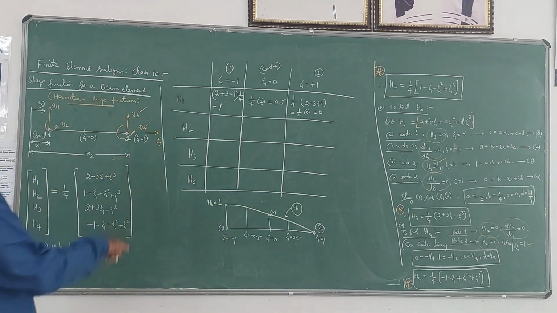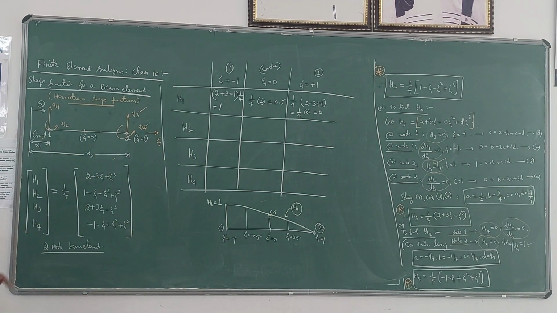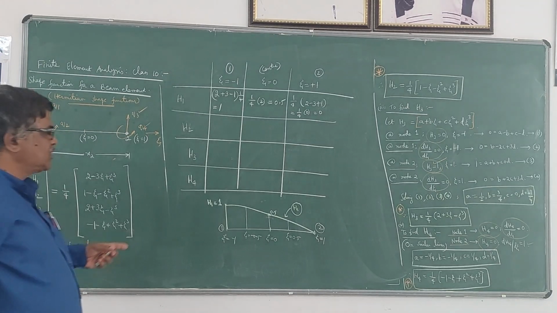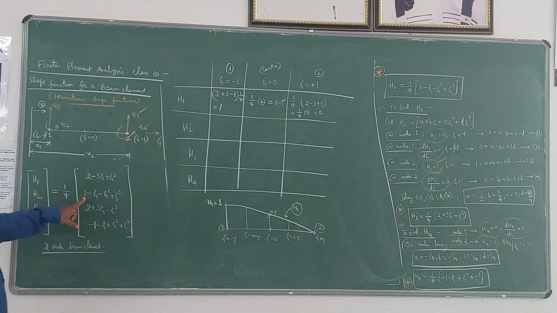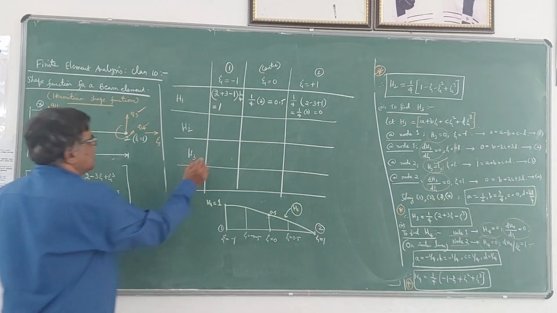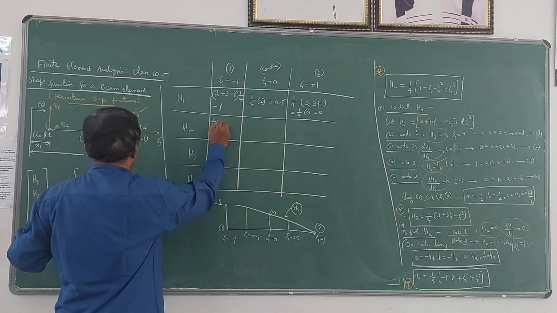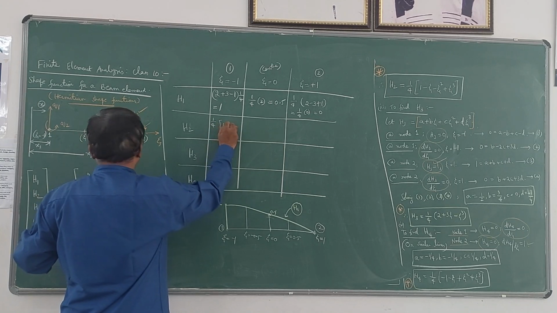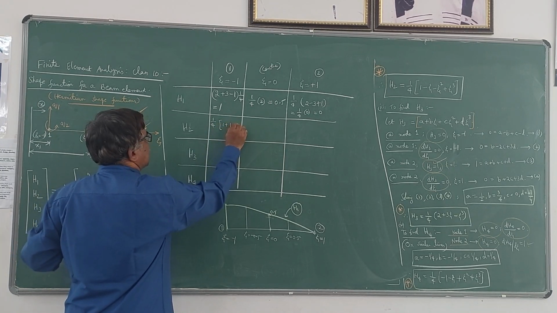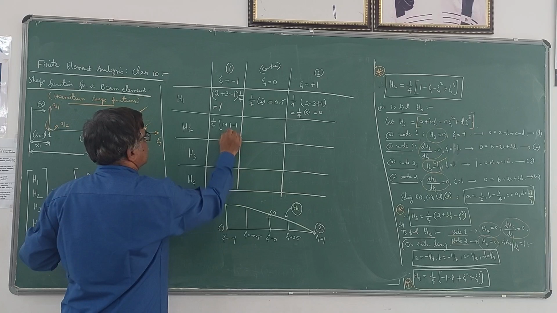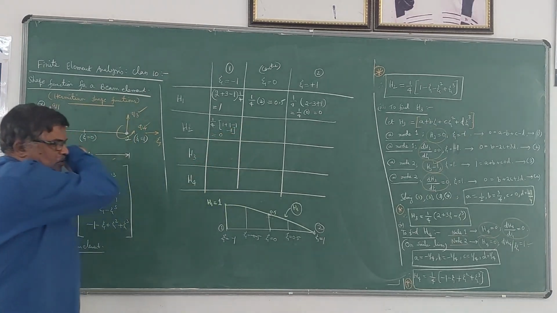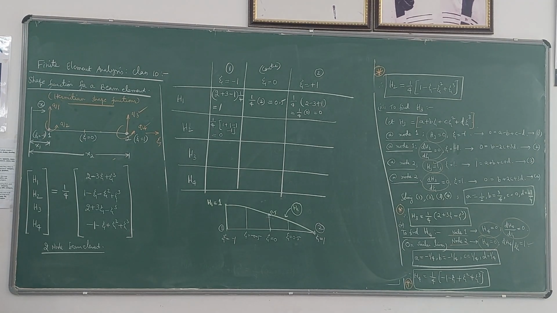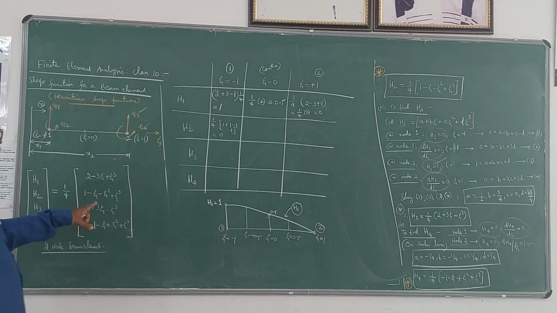Similarly, if you want to plot the Hermitian shape function h2, I have to use the second expression. So put zeta equal to minus 1 here. It becomes 1 by 4, 1 plus 1, minus 1, minus 1. So that means it becomes 0. Please note that the value of h2 is 0 at node 1.